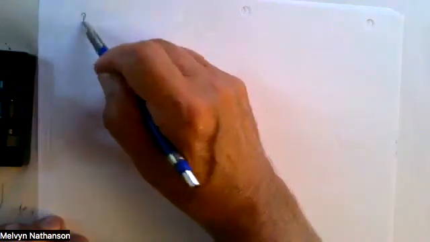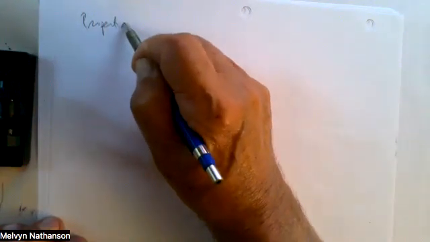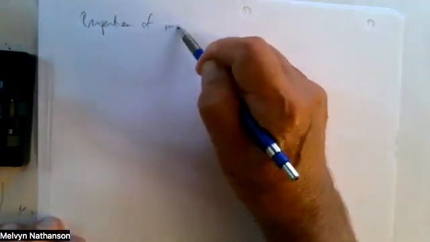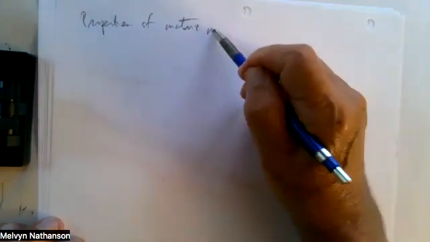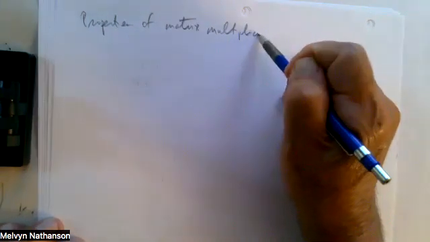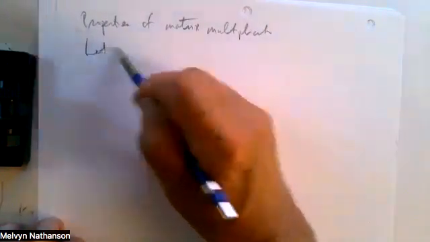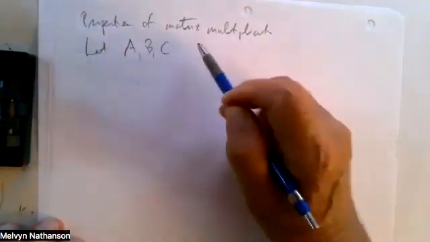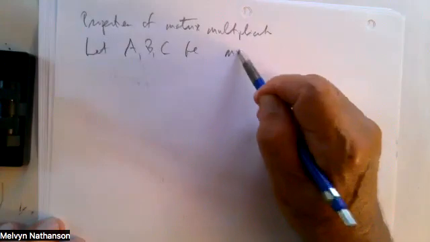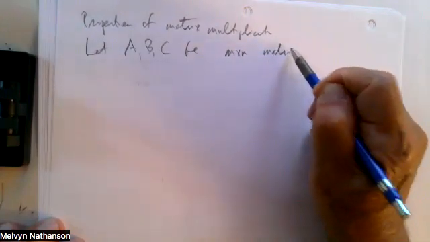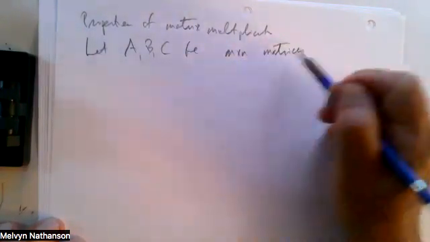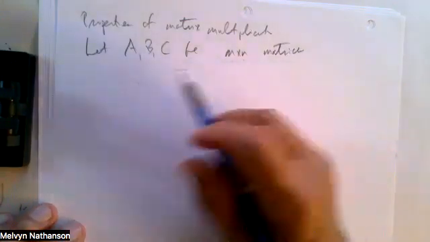So what are some nice properties of matrix addition? Let A, B, and C be m by n matrices. Same number of rows, same number of columns.